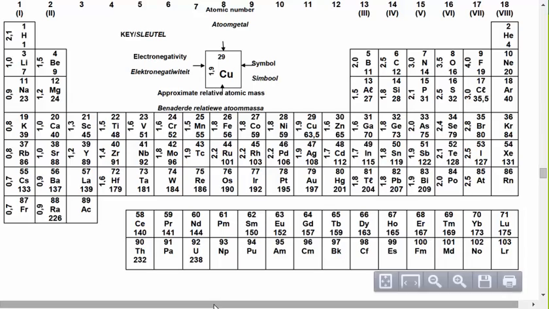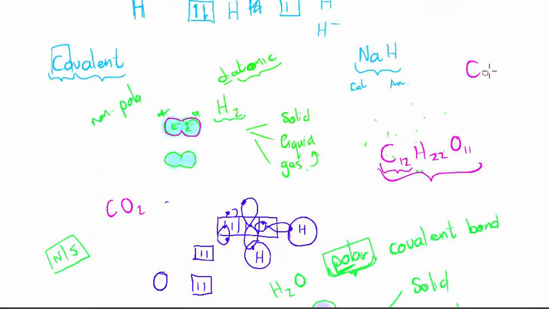Does that make sense? This one will have 1 carbon, 2 oxygens. So we would have 2 negative and a positive pole. It's a little bit different than hydrogen, but it's still polar. And that is why carbon dioxide dissolves in water.